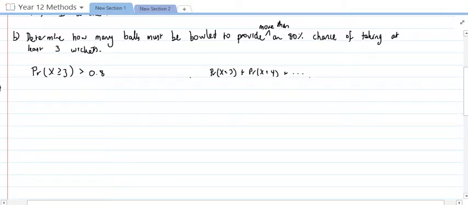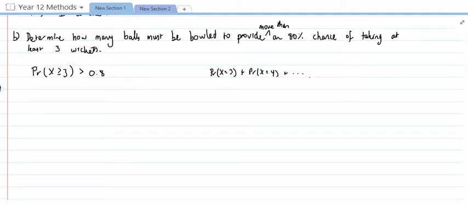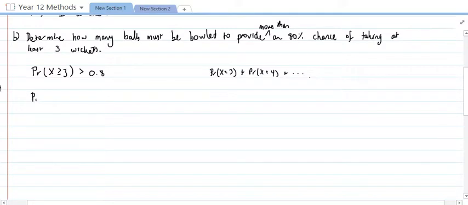What I'm going to do is take the other side of this part here, and say that the probability of x equaling 0 plus the probability of x equaling 1 plus the probability of x equaling 2, so that's the other side of this, we want that to be less than 0.2.